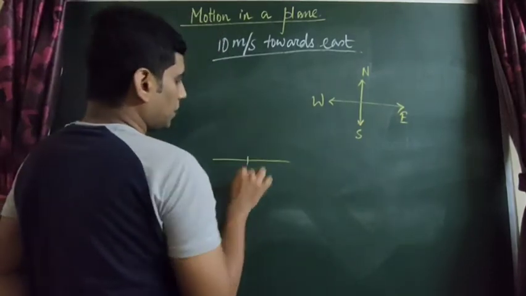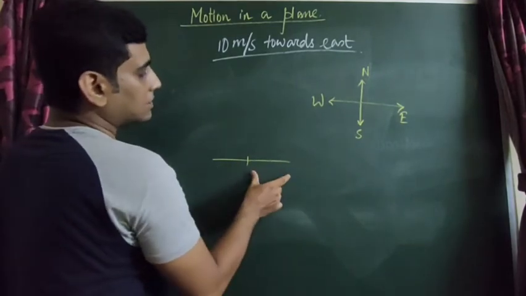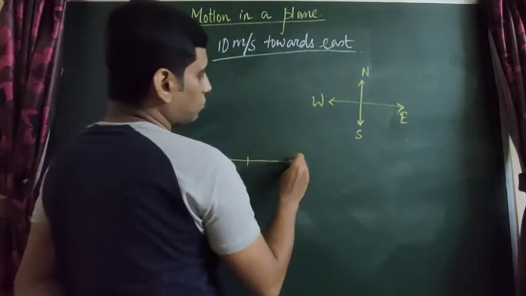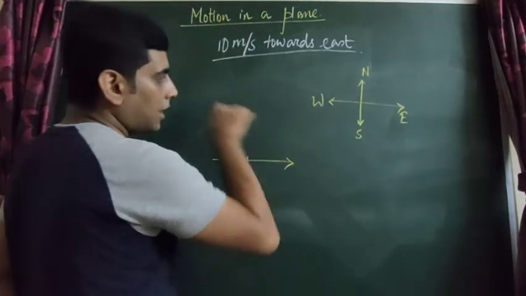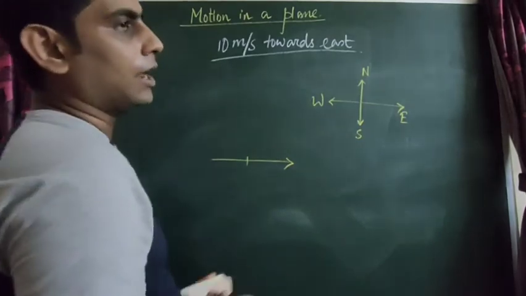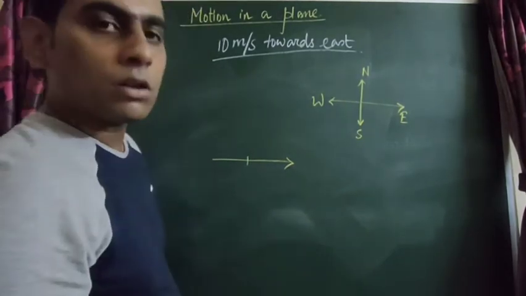So suppose this is 2 centimeters of length, for example. This gives 5 meters per second, this gives 5 meters per second, and it is going towards east. Now similarly, if I say that an object is moving with a velocity of 20 meters per second towards northeast, the northeast direction is in this direction. If 1 centimeter represents 5 meters per second, then I need 4 centimeters of length. I am not drawing exactly 4 centimeters, just using this line for explaining. So this represents an object moving with a velocity of 20 meters per second towards northeast.